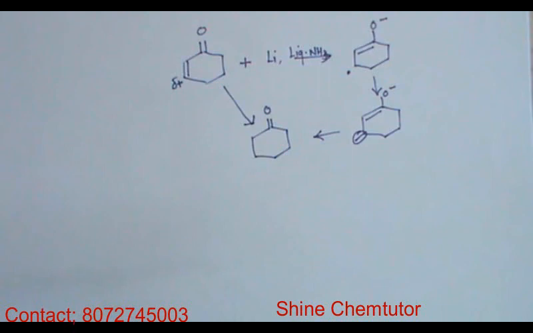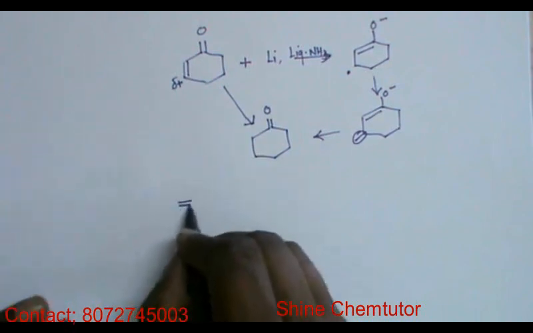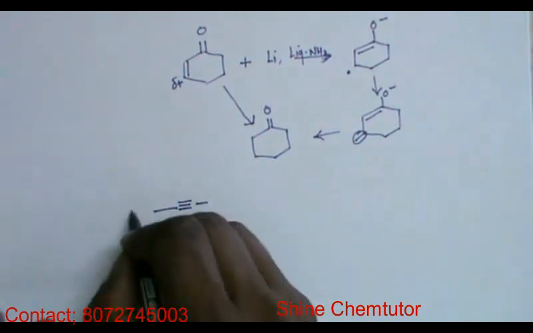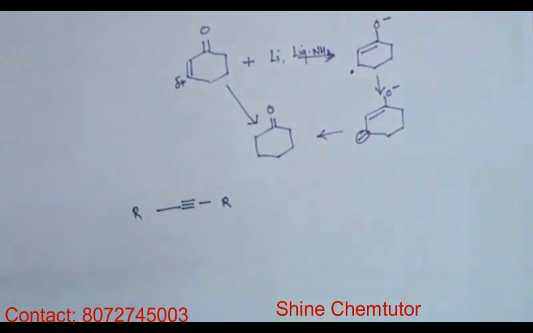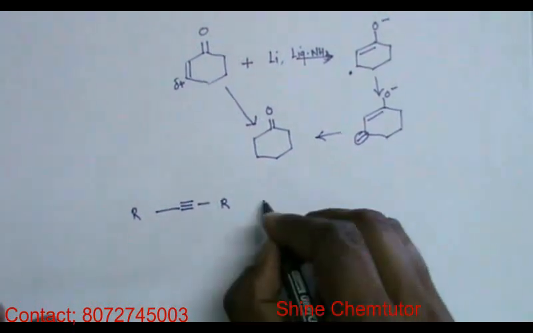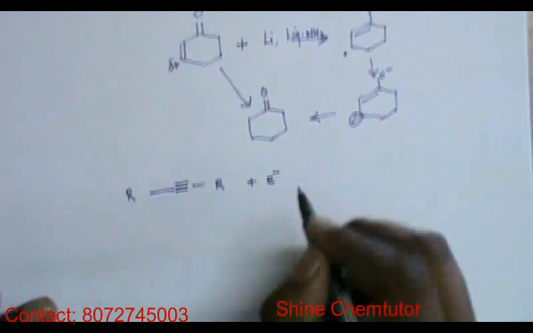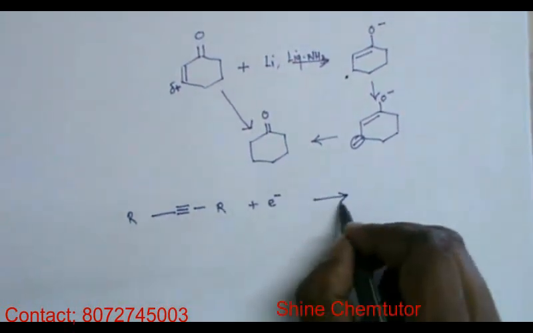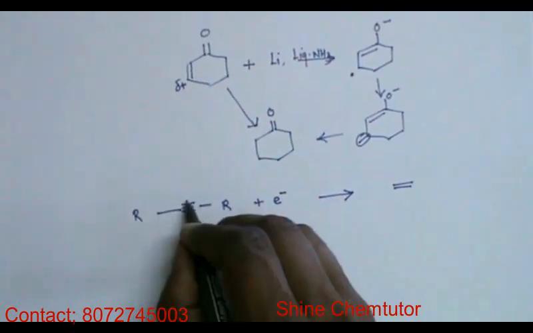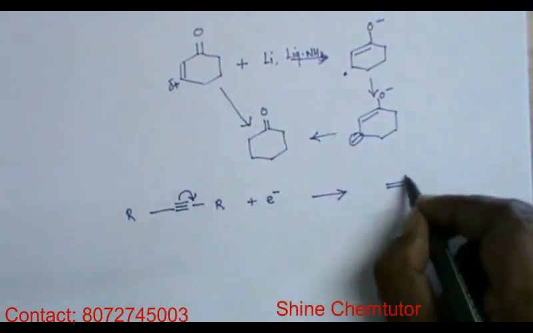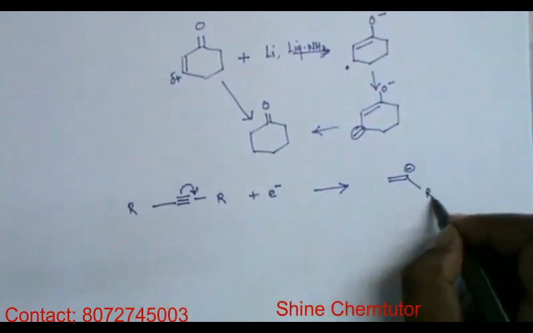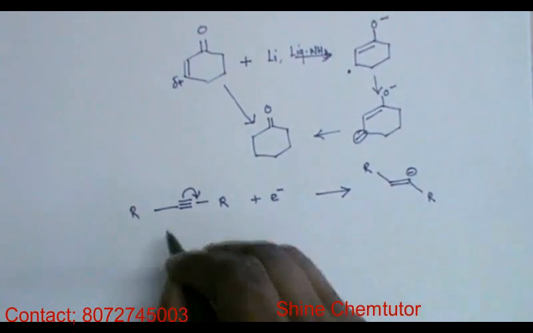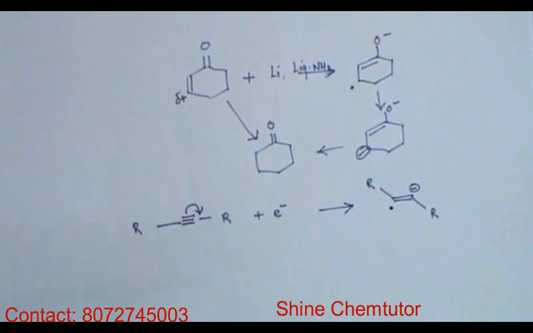Now let us go for nucleophilic carbons. Alkyne, basically it is nucleophile, it is not electrophile. To this also electron can be added. When I add single electron to this, the bond goes over one carbon and the electron is delivered on the other one.